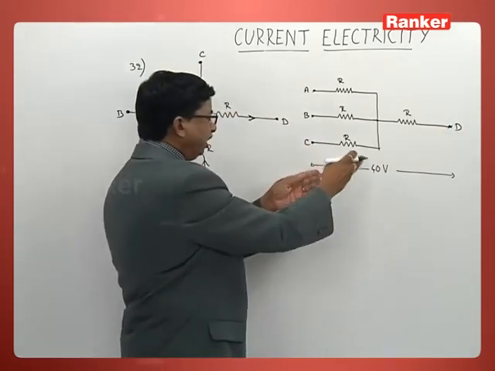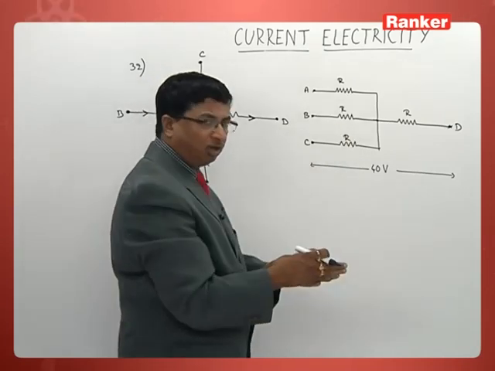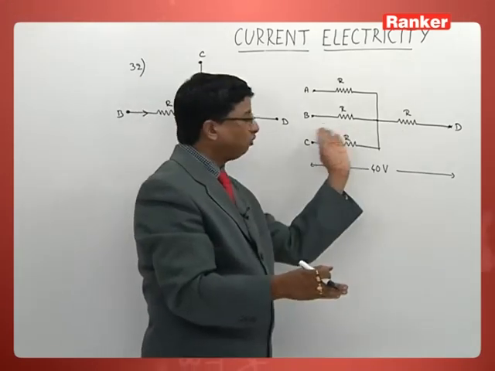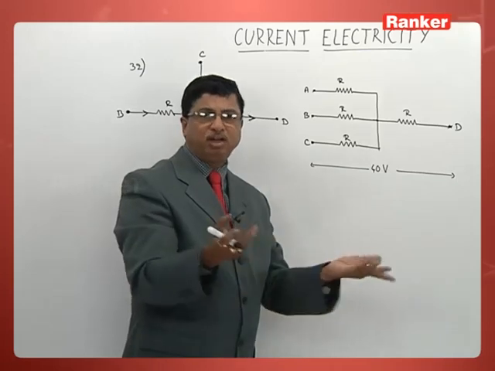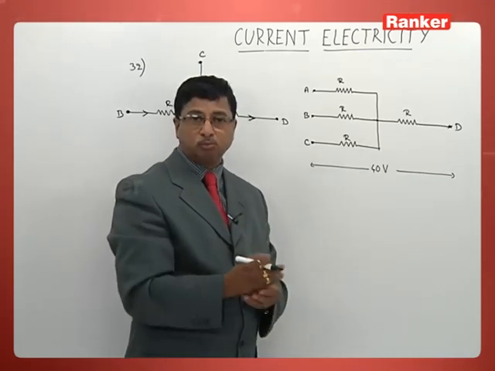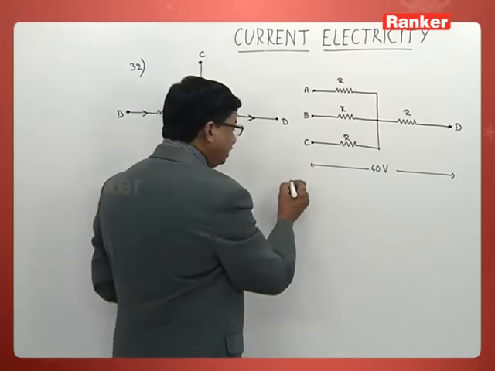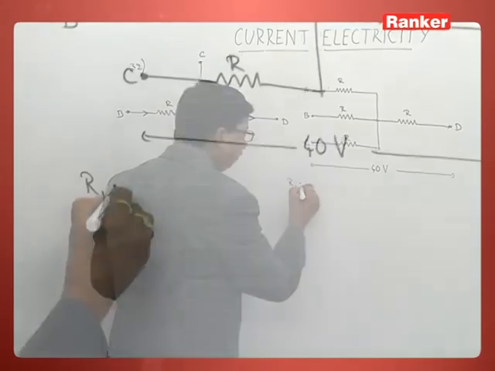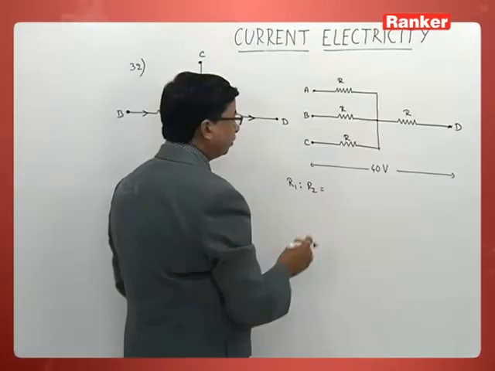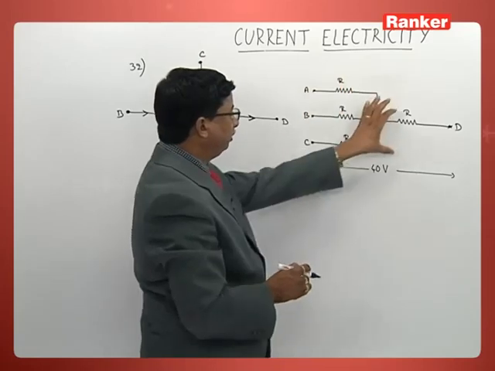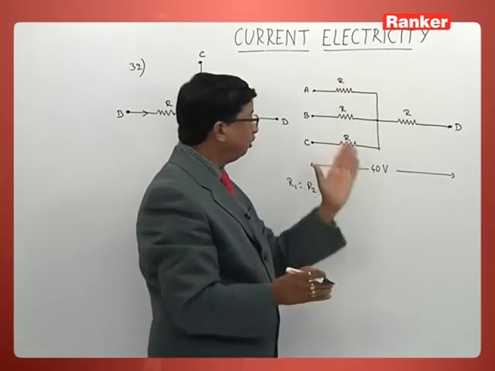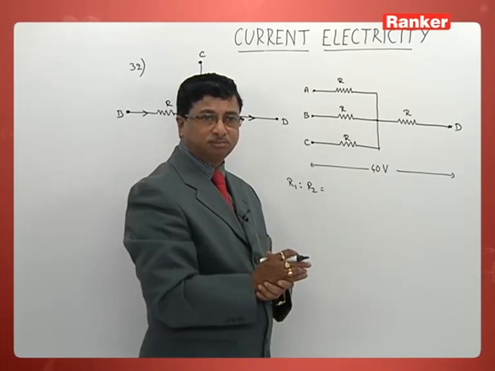So let us once again write this 40 volt divided among these 2 resistances. Come on, divide them. How? The point is, let us take R1 is to R2. This is R1, this is R2. I am just taking 2 resistances in the system.